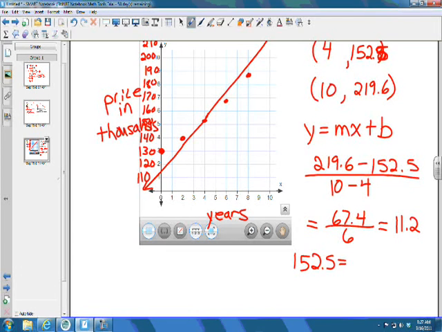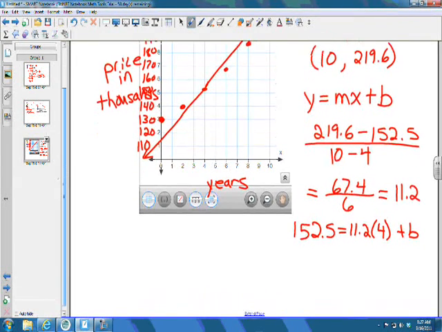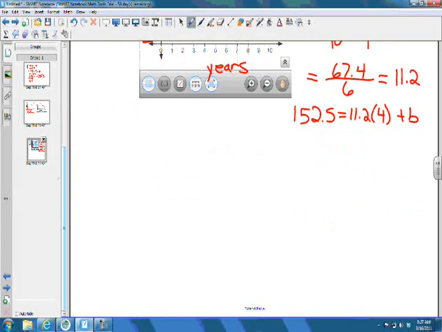Doesn't really matter which one. 152.5 equals 11.2 times 4 plus b. So 11.2 times 4, would that be 4.8?